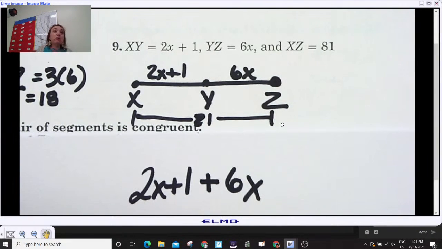They said it's between them. If they had said Y is the midpoint, meaning point in the middle, or that Y was directly in the middle, then we could say those two pieces equal each other. But they didn't tell us that. So since they didn't tell us that, they cannot equal each other. But they can add together to make what? 81. They add together to make the big part, right?